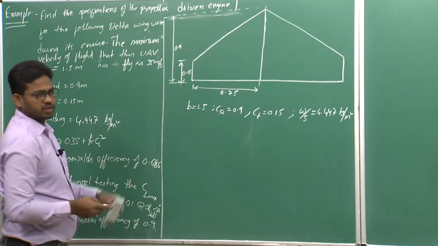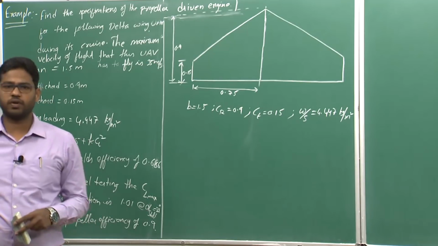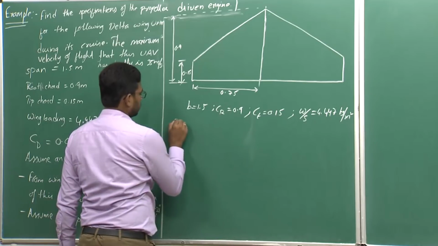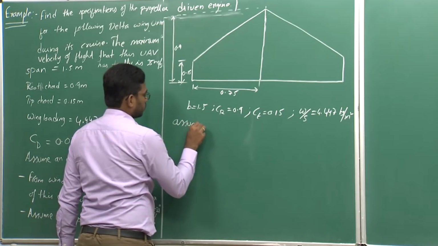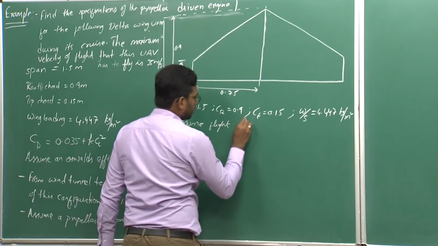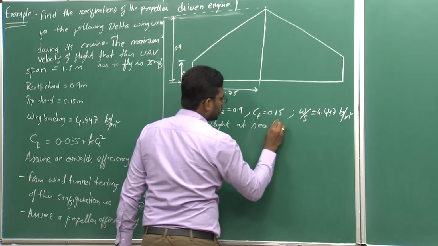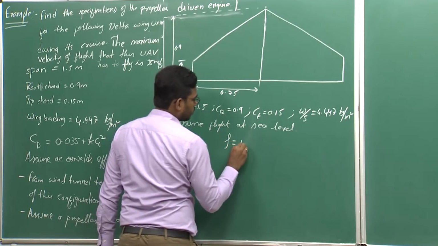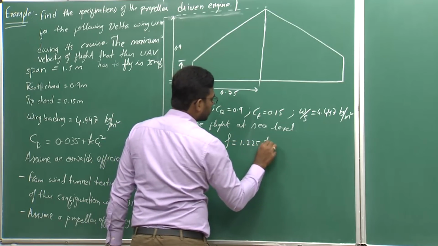And we assume that this UAV has to perform its flight at sea level. So, density at sea level is 1.225 kg per meter cube.